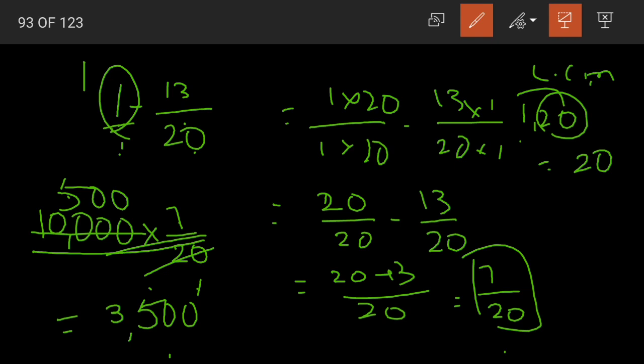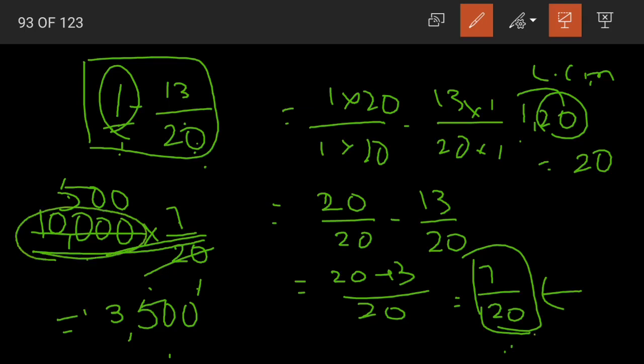So 3,500 rupees is left with Chitra. Understood, children? 1 minus the fraction of amount spent will give us the fraction of amount left. But we do not want the fraction of amount left. We want how much amount is left. So we are multiplying this fraction with the total amount.